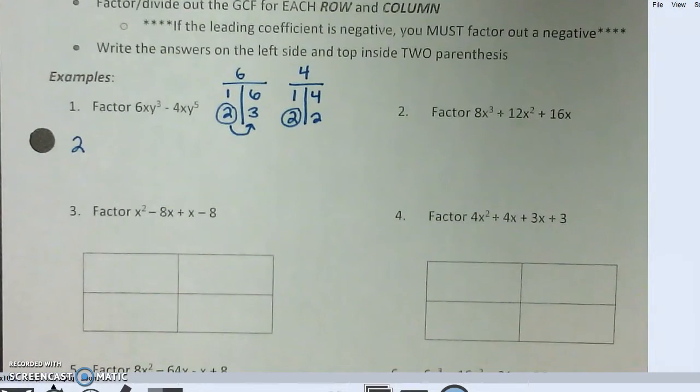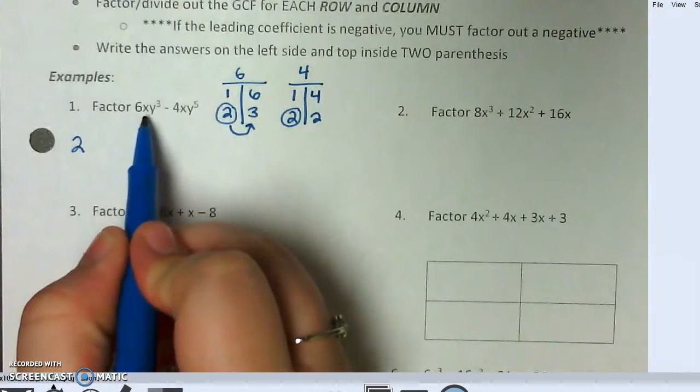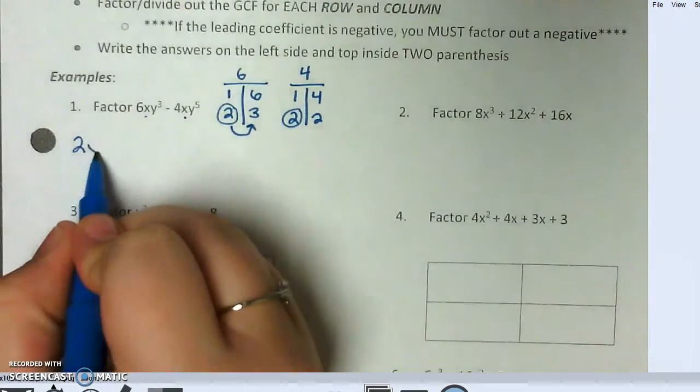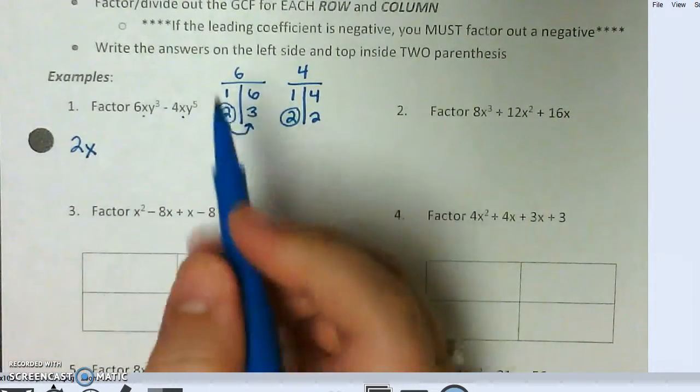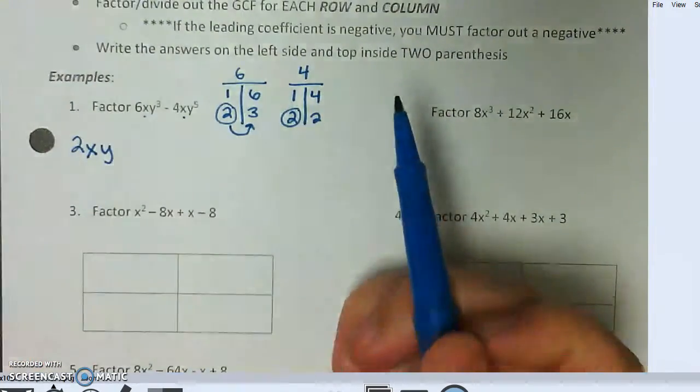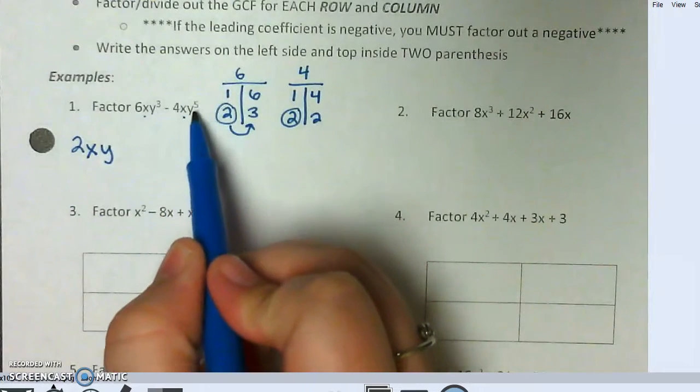Now then we look at the variables. This one has an x, we have to check the other one. This one also has an x. The lowest exponent is a 1. Now they both have y's in common. For the y's, this one has 3 and this one has 5.